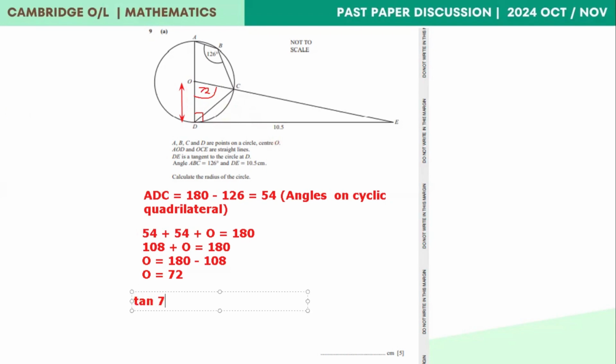So in our case, tan 72 is equal to opposite over adjacent. Tan 72 is equal to 10.5 divided by, we take the radius as r.